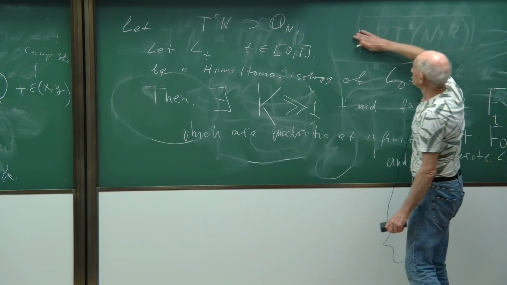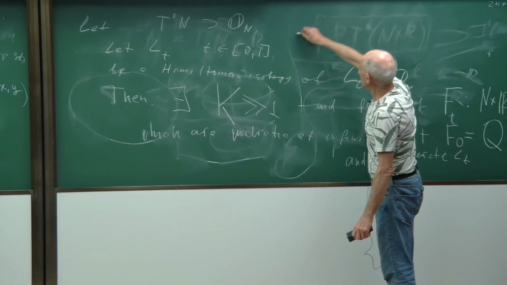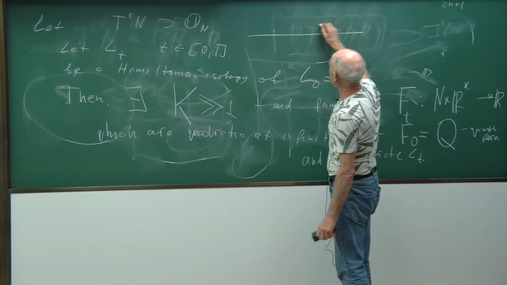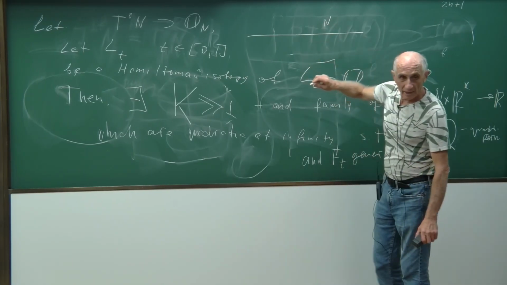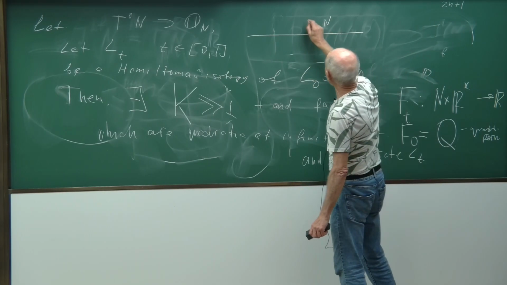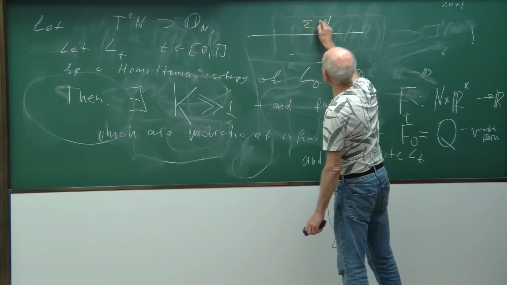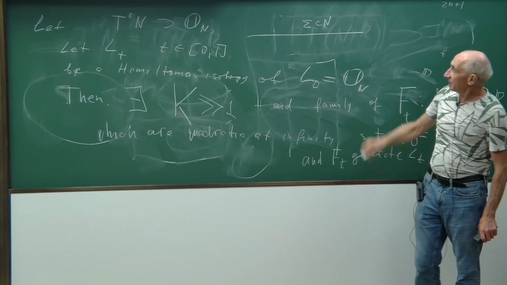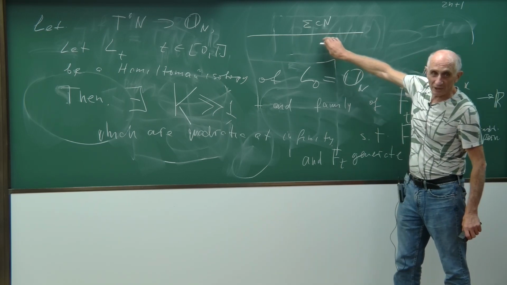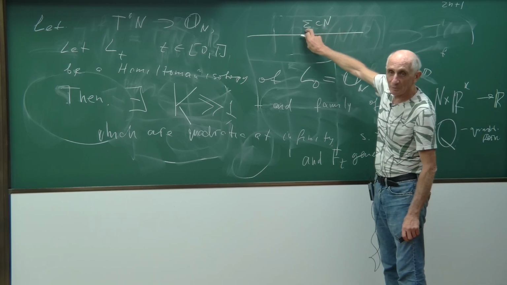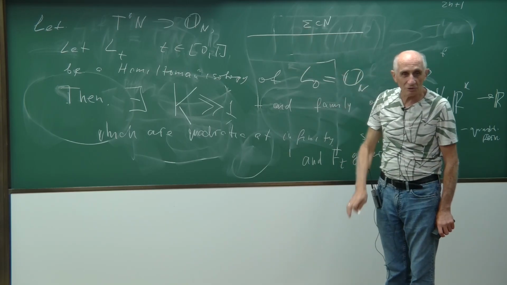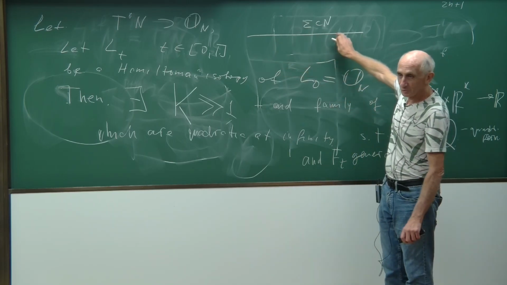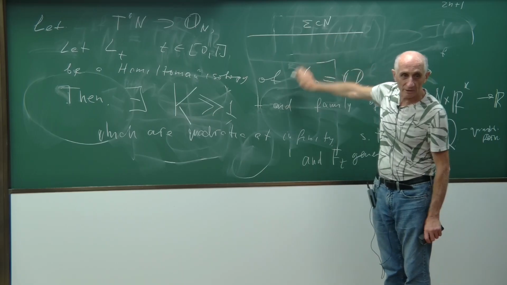Suppose you started with some manifold N, and in this manifold N you have a hypersurface. I want this hypersurface to be homologically trivial. You can do without it, but let's assume it's homologically trivial.